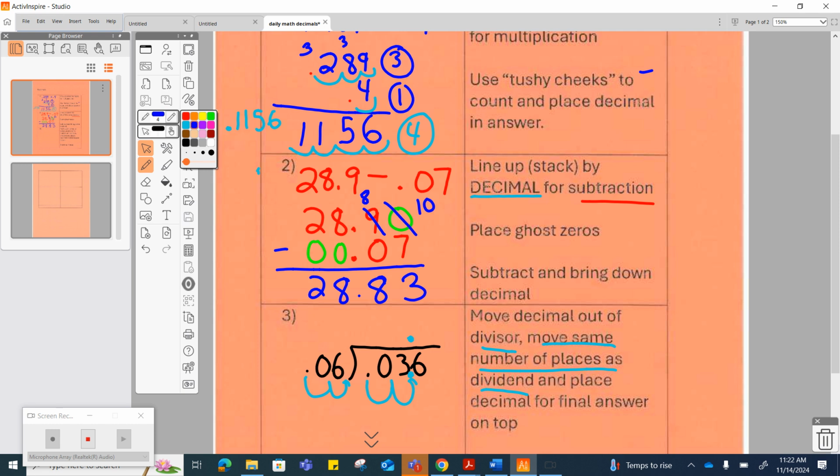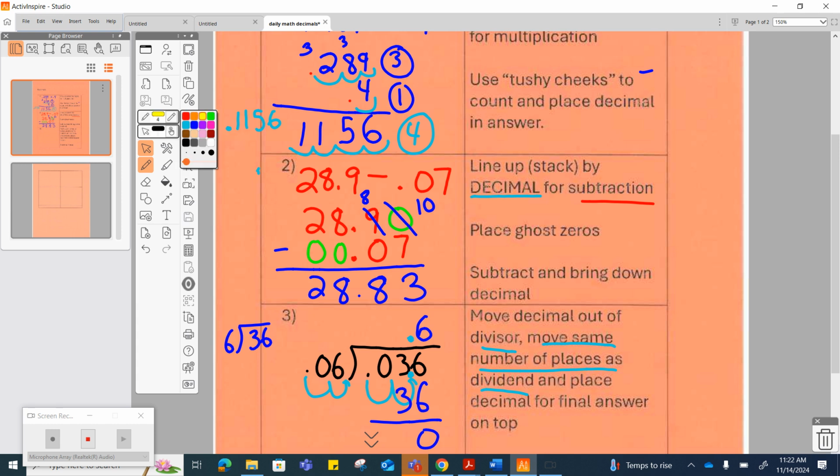But 6 goes into 36 6 times, making sure that I'm placing the 6 over the 36 when I multiply. So I'm ignoring the decimals once I place it. This is the correct answer.